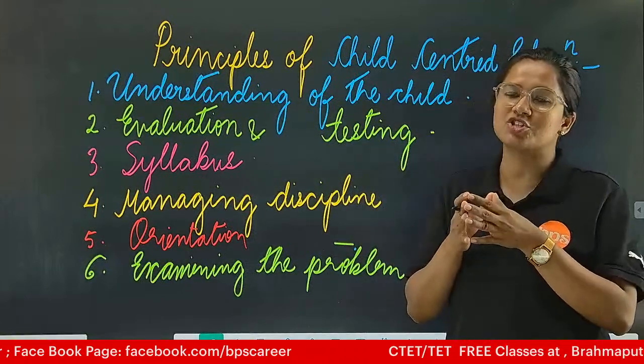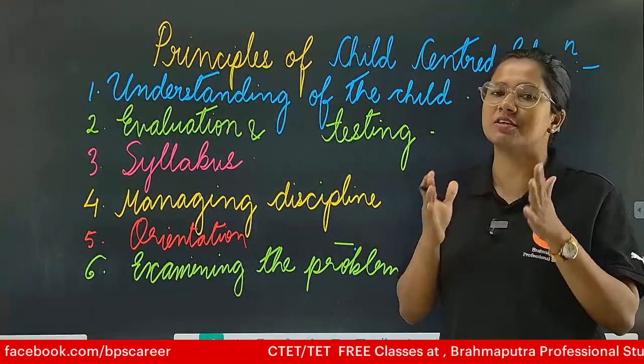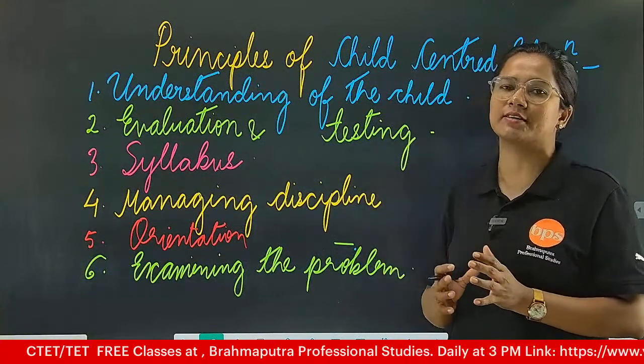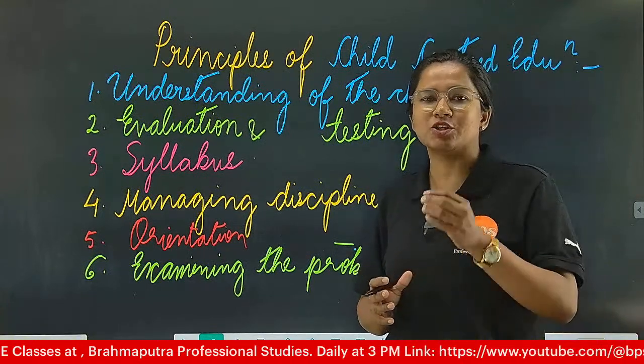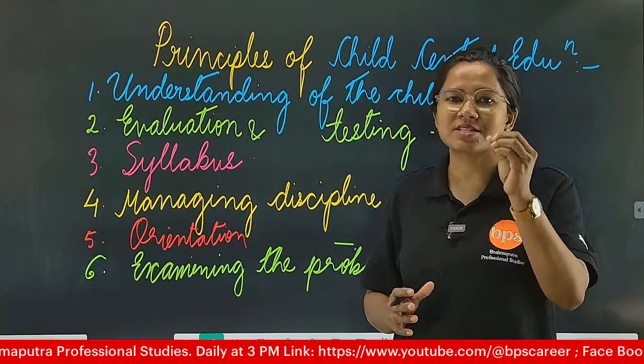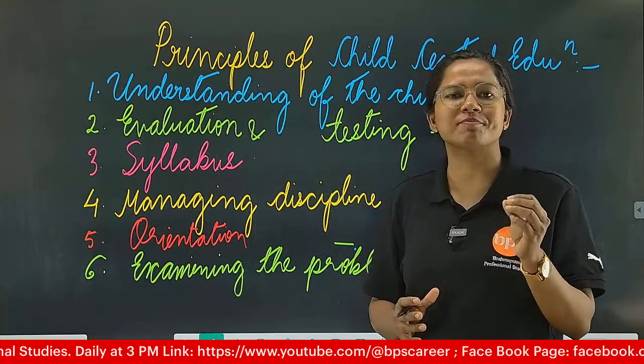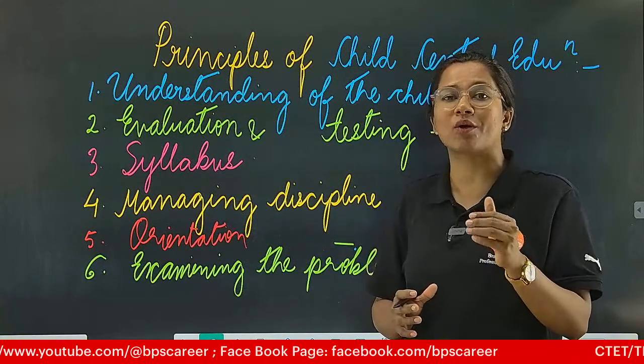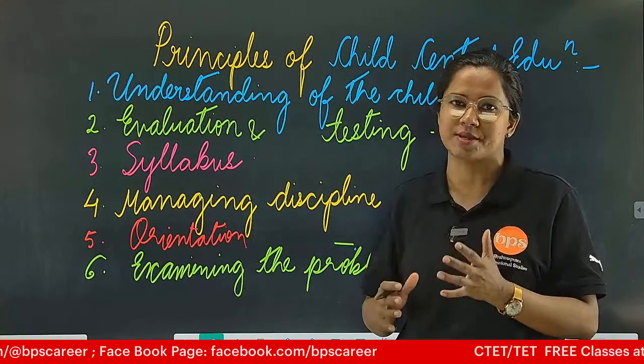So we need to be very individual, and individually tackle the student's problem. We need to understand his personal problems, because a lot of personal problems also hamper the child's development or understanding of any concepts.